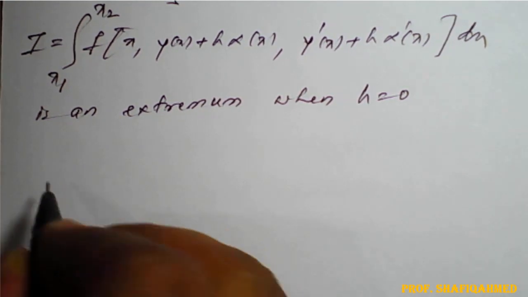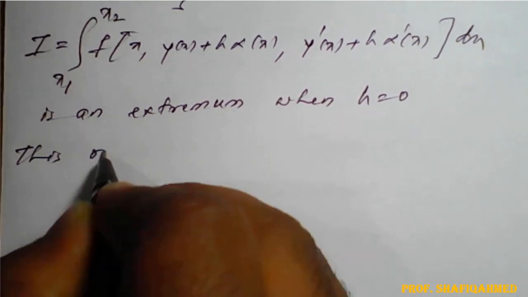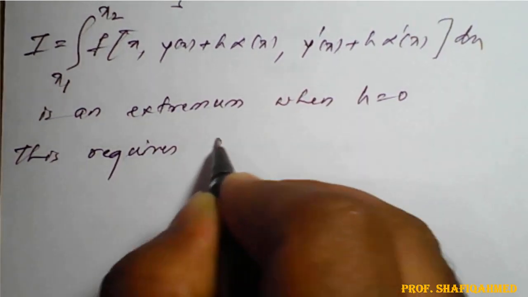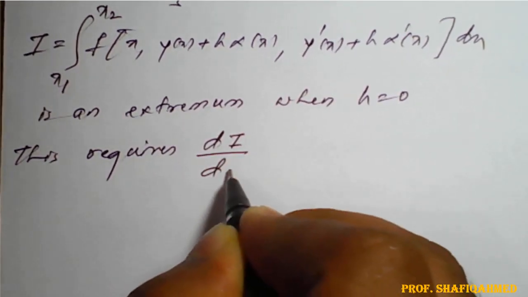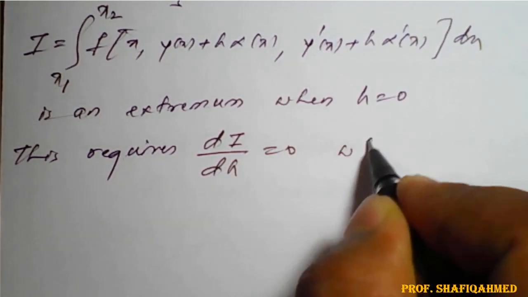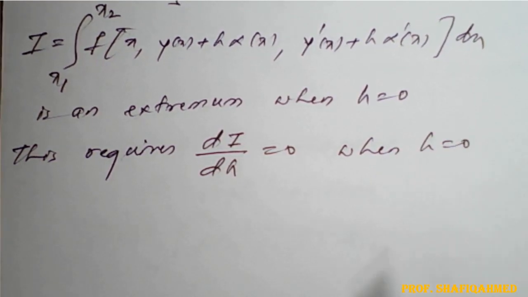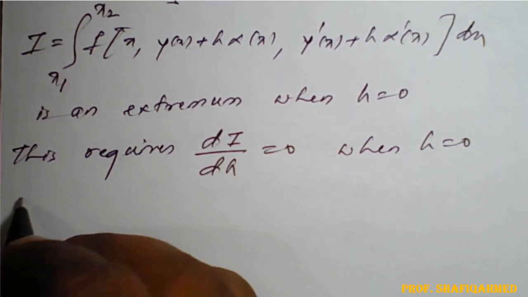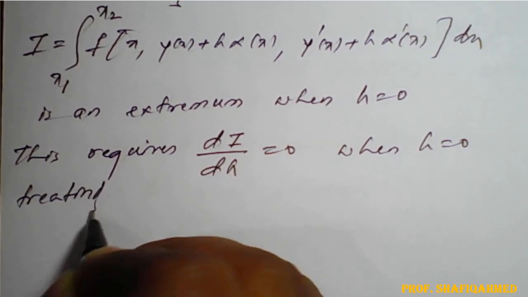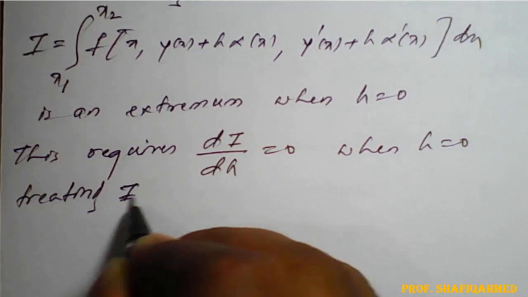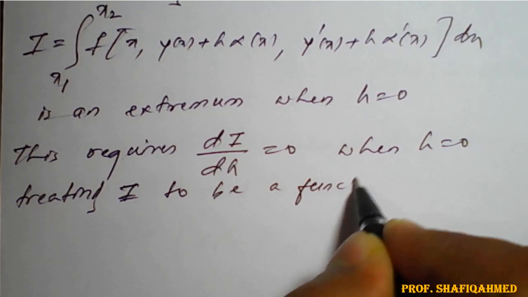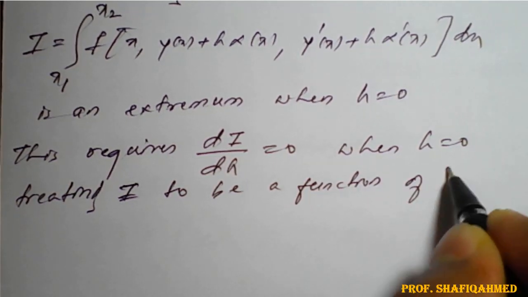Now this requires dI by dh equal to 0 when h equal to 0, treating I as a function of h.